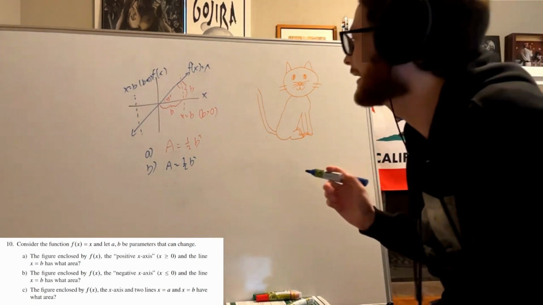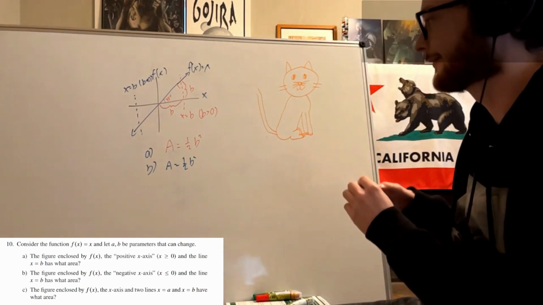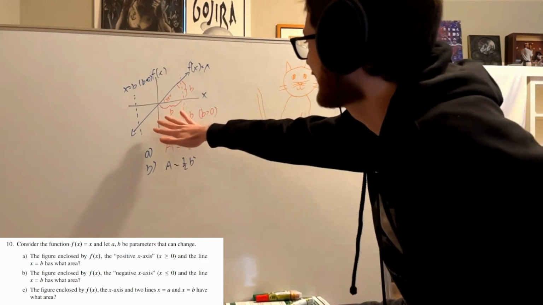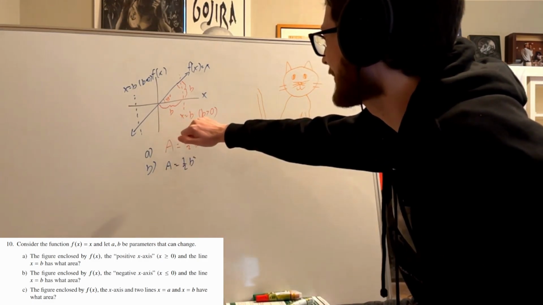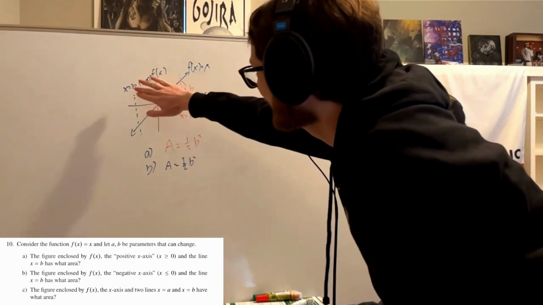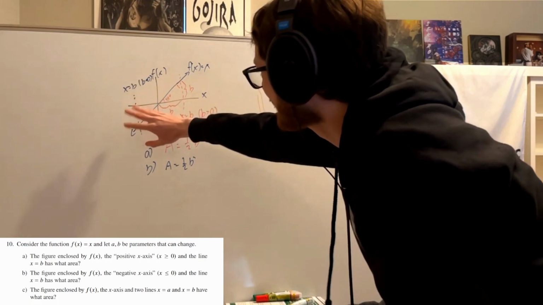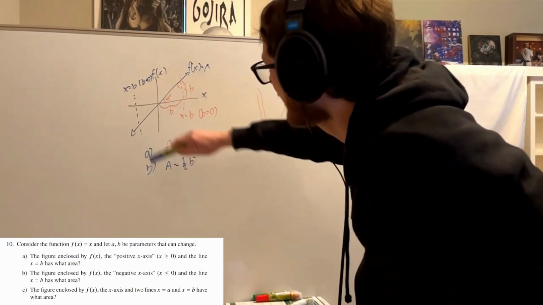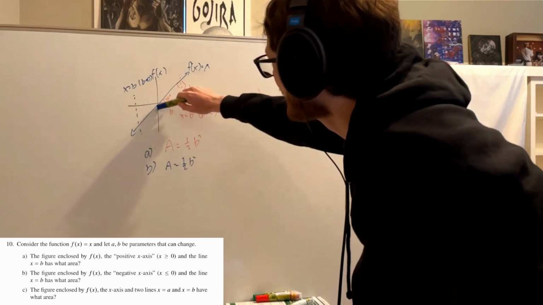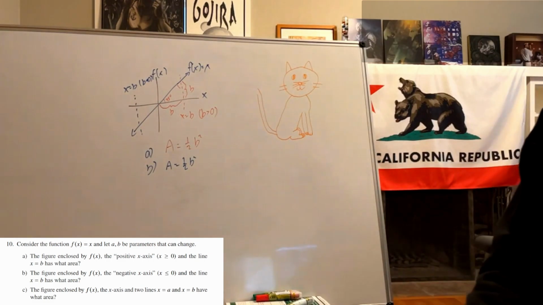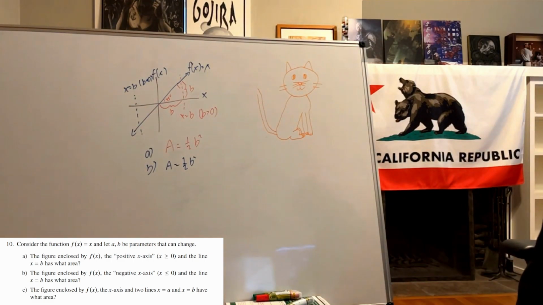Oh, but I see what you mean with that, Jeff. It's an infinite area though, so I don't think that's the point of the problem. But yeah, if you were trying to bound something with x equals a negative value for b and the positive x-axis, you could get an area that goes over there, but then it just goes out to infinity, so I don't think that's the point of this.